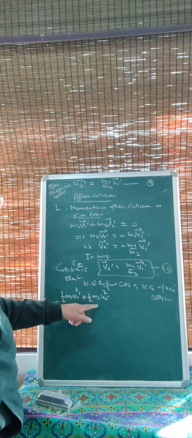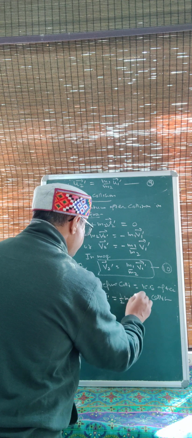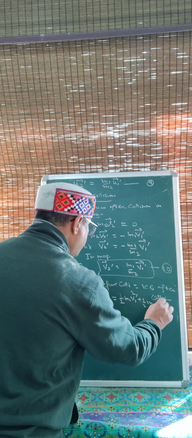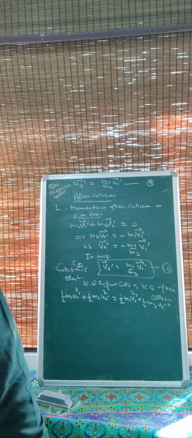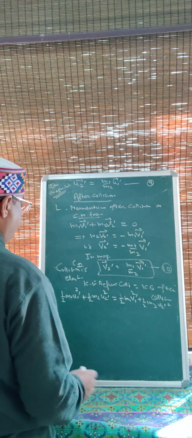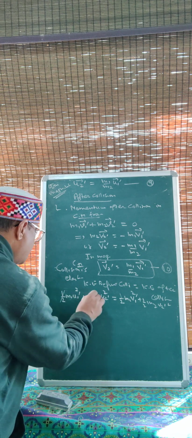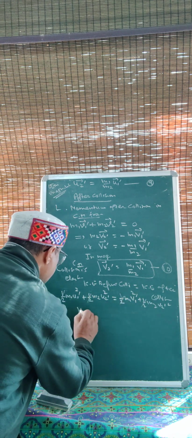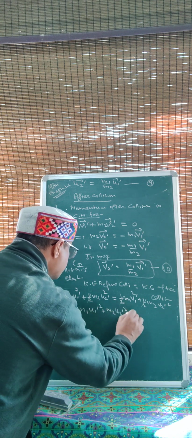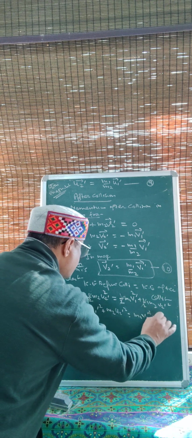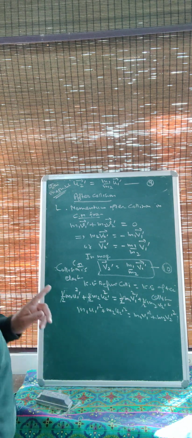This is the kinetic energy before collision in the center of mass, and it must be equal to that after: half m1 v1 dash square plus half m2 v2 dash square. The halves will cancel off. So m1 u1 dash square plus m2 u2 dash square equals m1 v1 dash square plus m2 v2 dash square. This equation is obtained.